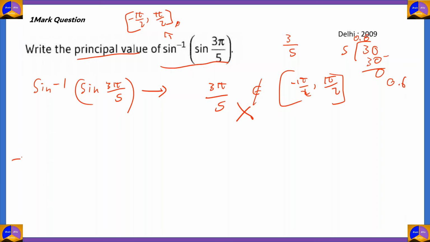How do we convert this? Well, we know that sine is positive in the second quadrant. And since we have 3 by 5 as the given angle, we'll convert it to pi minus 2 pi by 5.